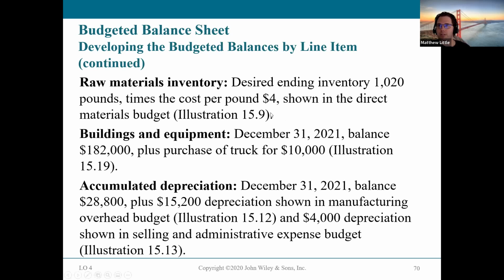Raw materials, again, we had that earlier. I know it's hard to pull it all together when you're in slides. Buildings and equipment, we had the balance plus the purchase, we'd had no disposals. And then our accumulated depreciation is the opening plus depreciation in the year, 15.2 and 4.